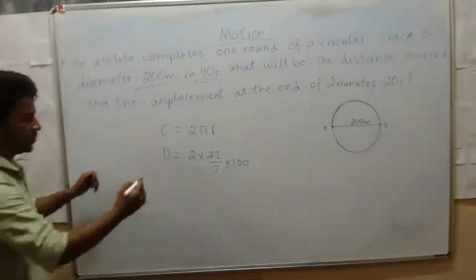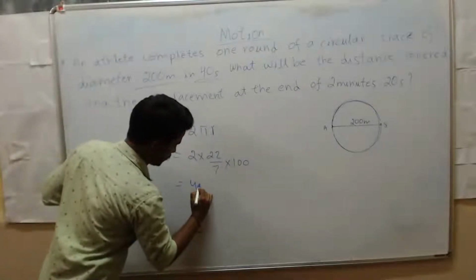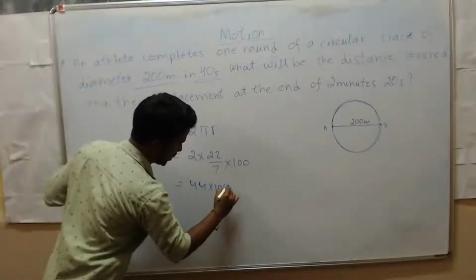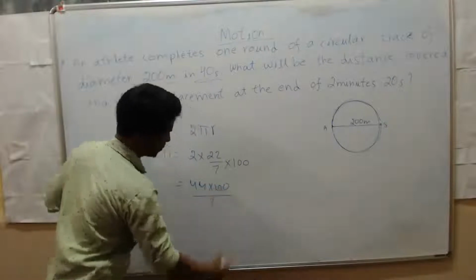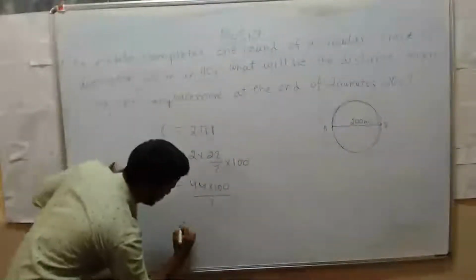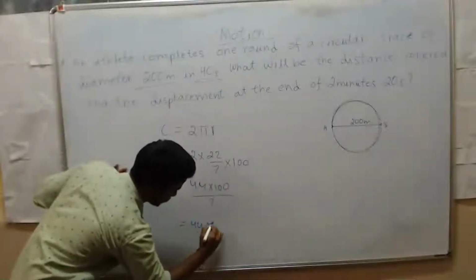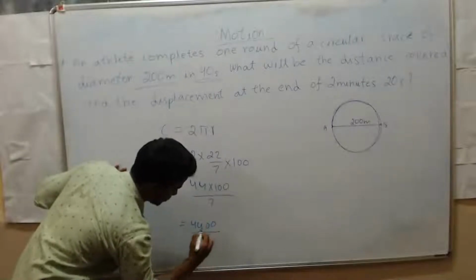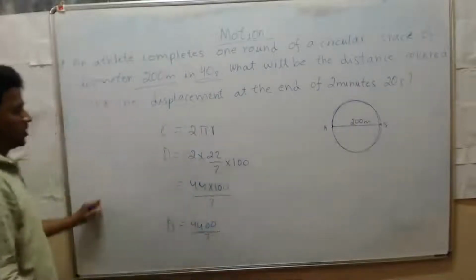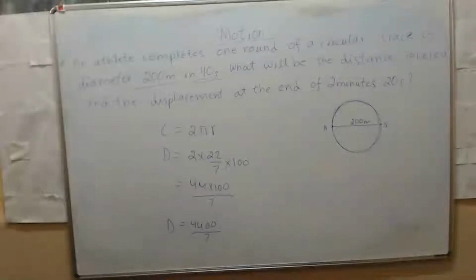Simple, right? First multiply 44 into 100 divided by 7. So distance is equal to 4400 divided by 7.